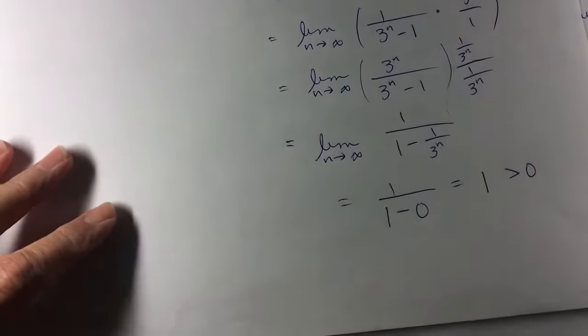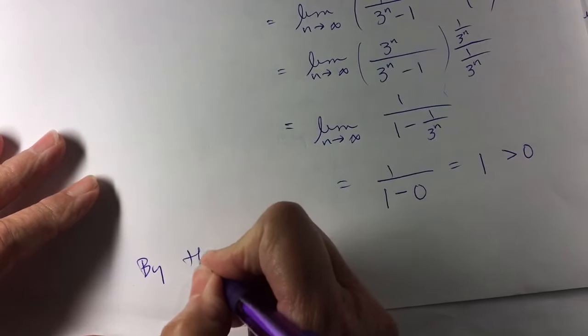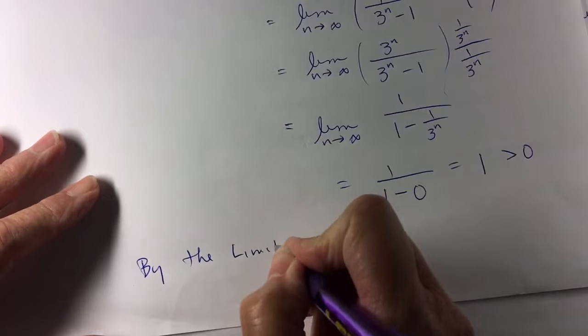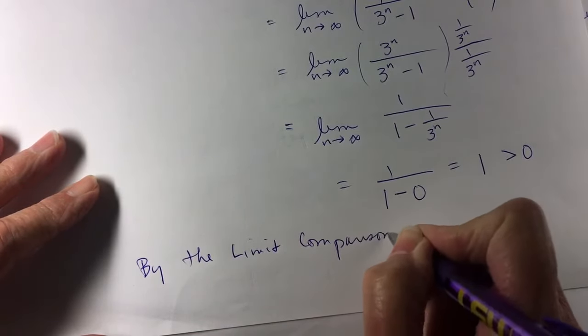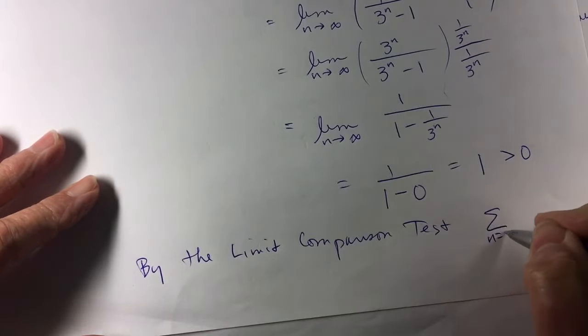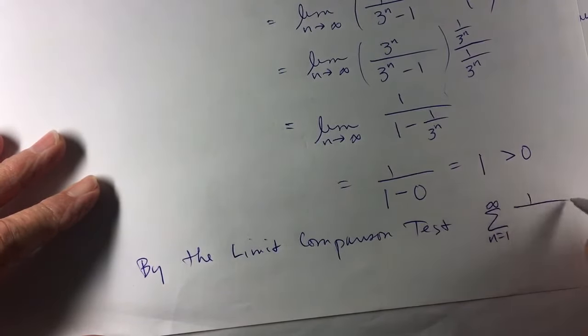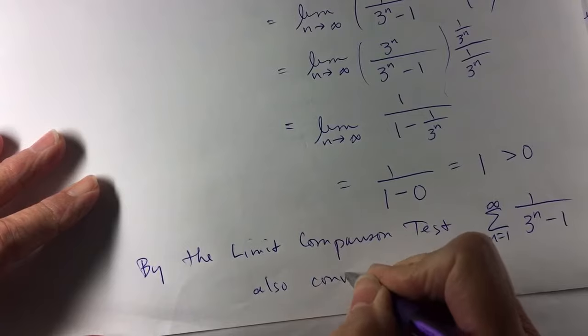So I know that the one we're looking at, I'm going to write, by the limit comparison test, the series n goes from 1 to infinity of 1 over 3 to the n minus 1 also converges.